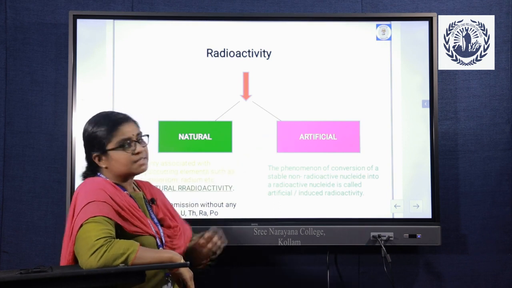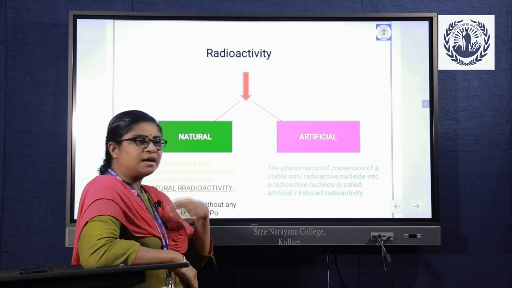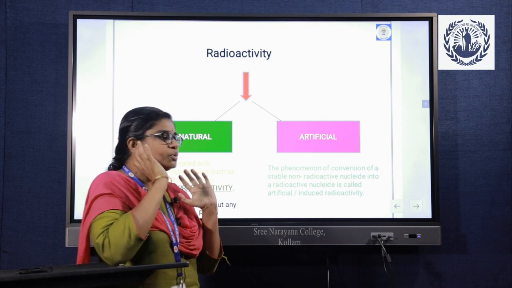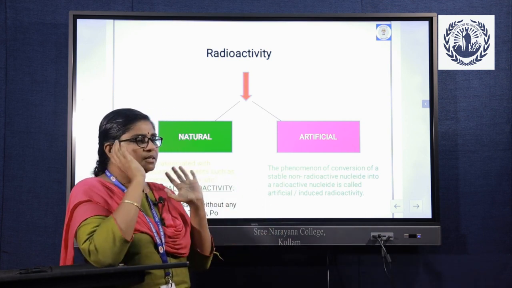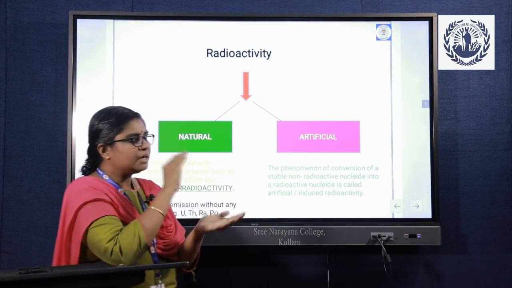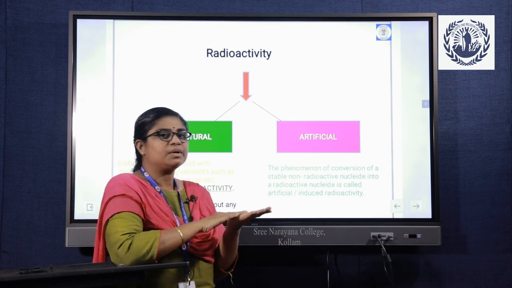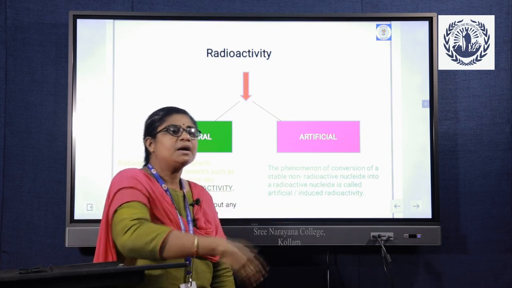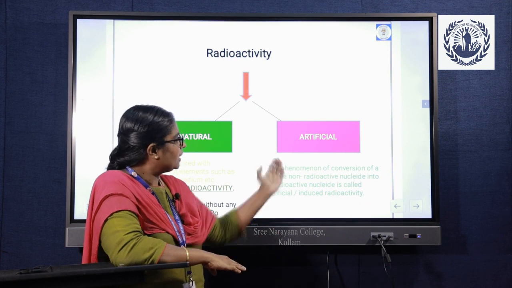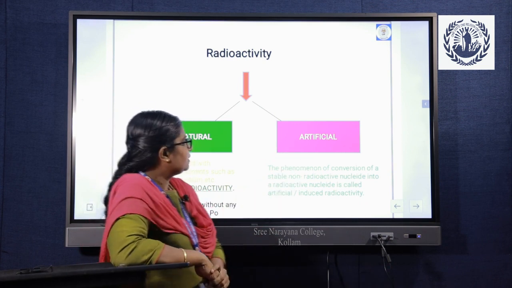The second one is artificial radioactivity. That is, it is made artificially. Using some external means or external forces, we convert a stable nucleus into an unstable nucleus, so it will become radioactive. This is artificial radioactivity.